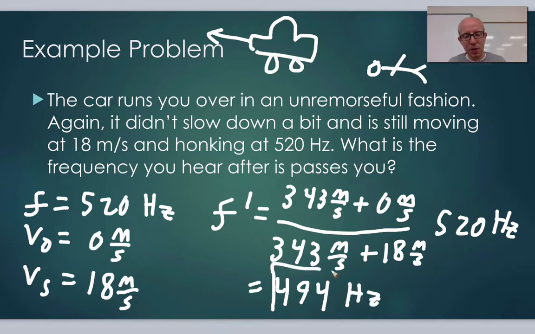And again, we can do an intuition check right here: the car is going away from you, so you should be hearing a lower sound wave, a lower frequency. So intuition checks off. We should be good. Hopefully you can see that these problems are relatively straightforward, but they do require you to make sure you're visualizing them properly so you get the plus and minuses correct.